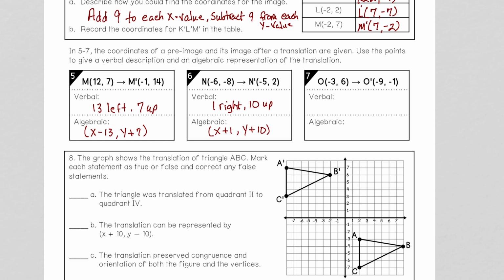Next we have number 7, which goes 6 left, 7 down. So x minus 6, y minus 7.